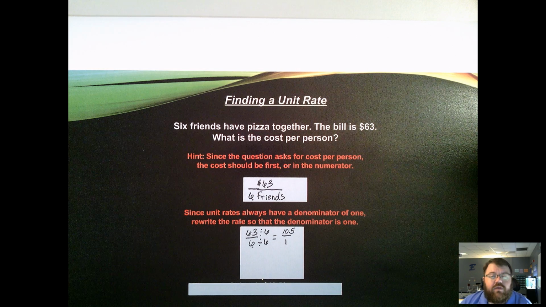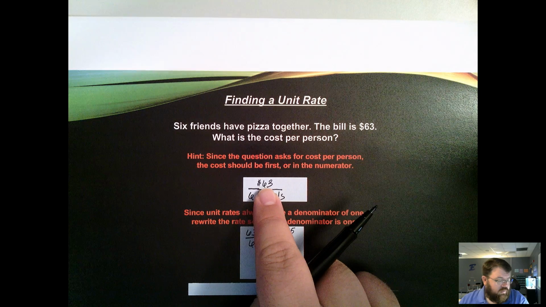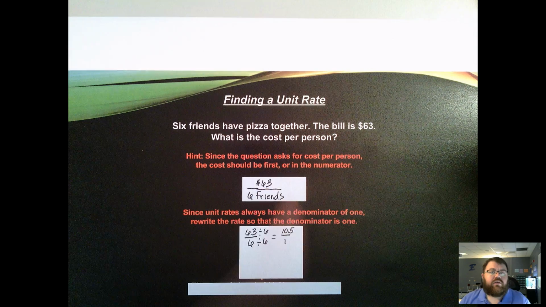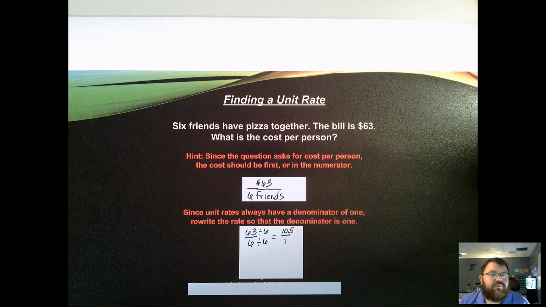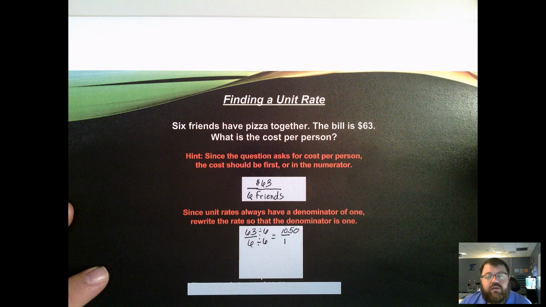Now, 10.5, we're talking about money. When you go to Walmart, they don't tell you you owe the cashier $10.5. It's $10.50. We can add a 0 there. Okay?